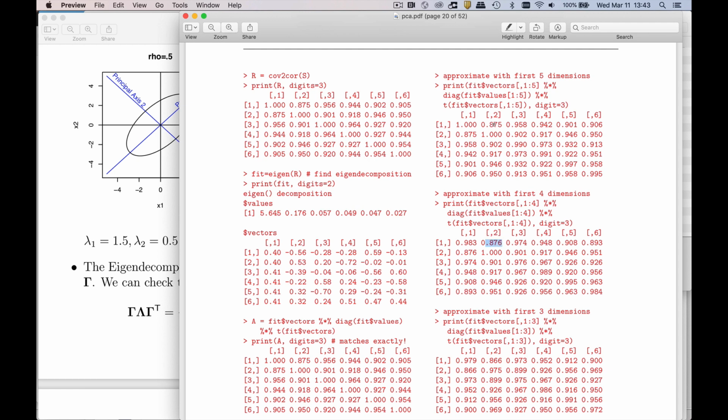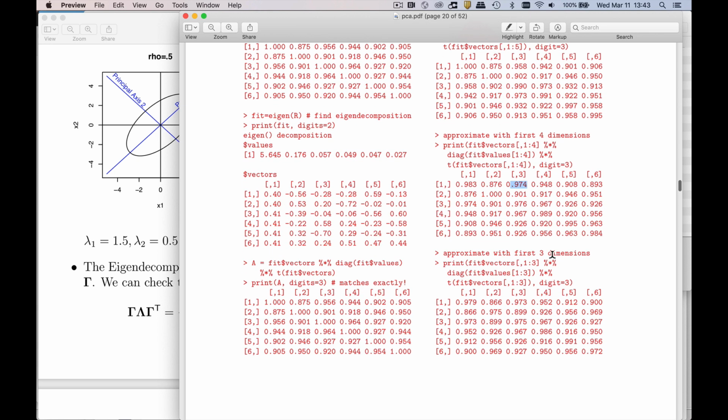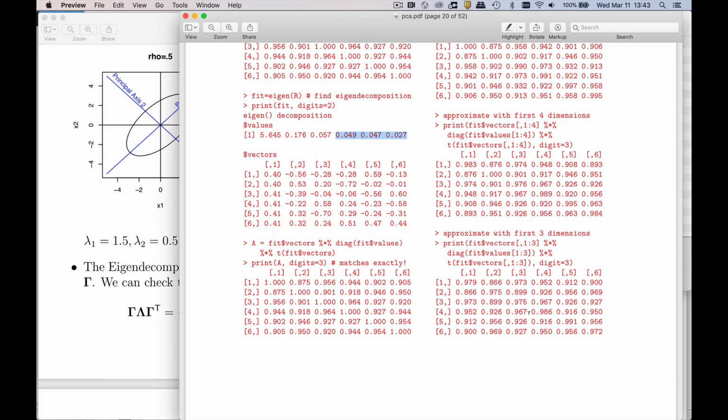Whereas before we hit that correlation right on, now we're off a little bit. We're maybe off a bit more on that third correlation between x1 and x3, but it's still pretty good. And we could even toss out another dimension, and this would be the approximation. And so we've done a pretty good job of that.